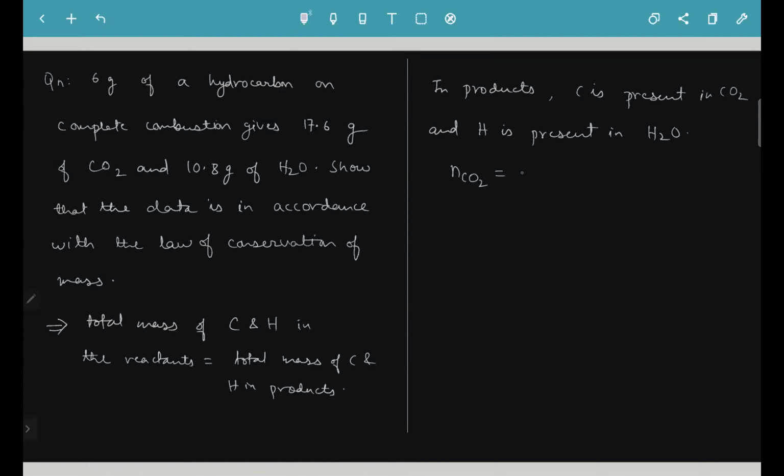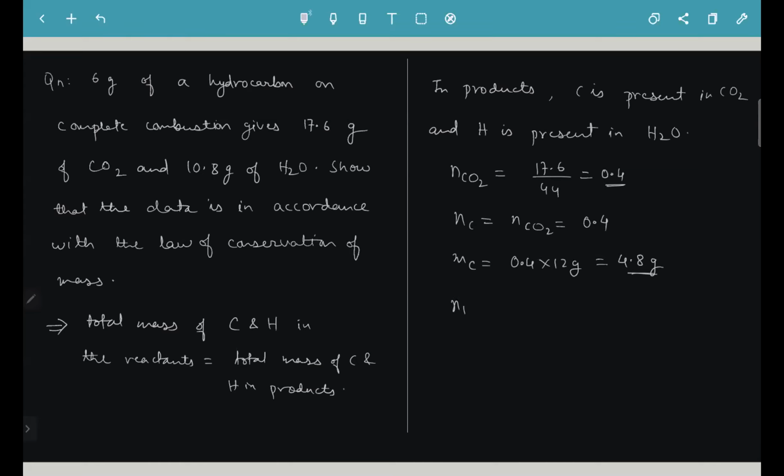Moles of CO2 is mass of CO2 upon molar mass. Mass is given as 17.6, molar mass is 44. This is 0.4. Moles of carbon will be equal to moles of CO2 because the atomicity of carbon is 1, equal to 0.4. Mass of carbon will be moles into gram atomic mass of carbon. The mass of carbon in the products is 4.8 grams.